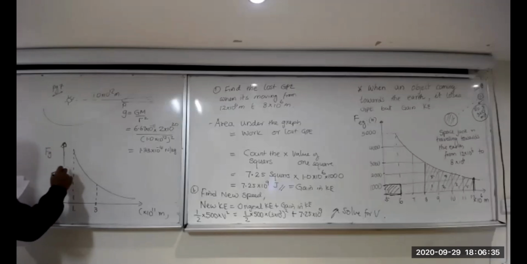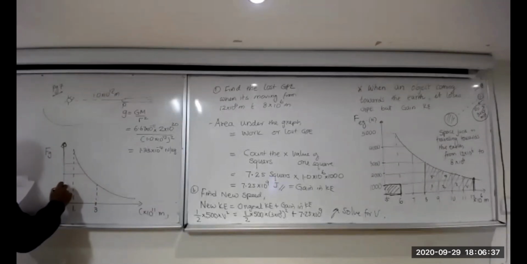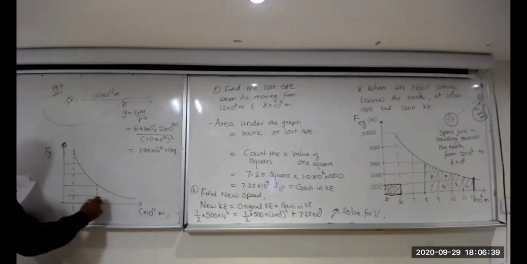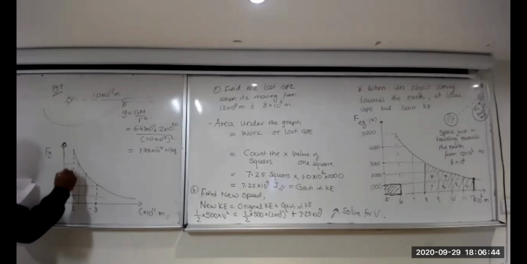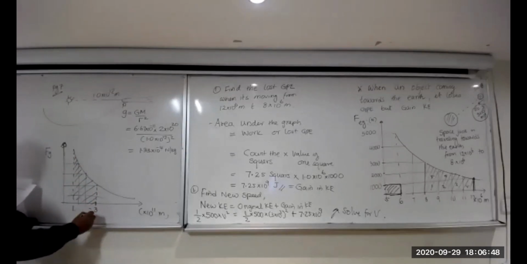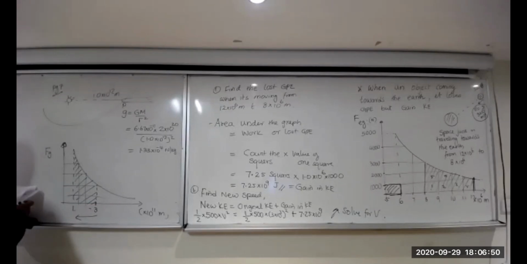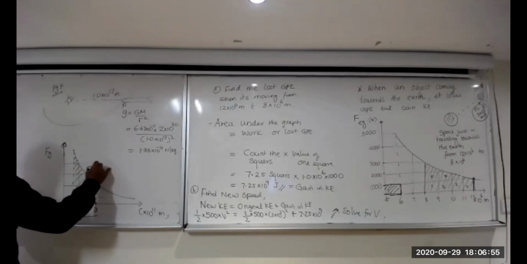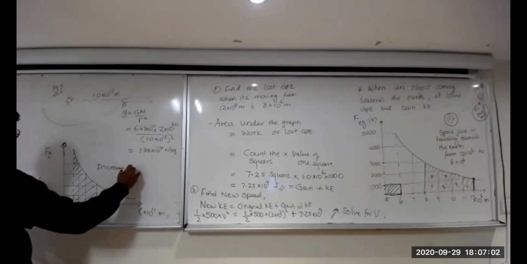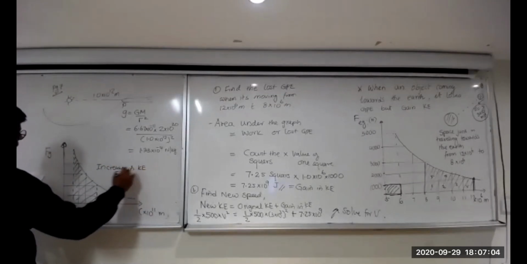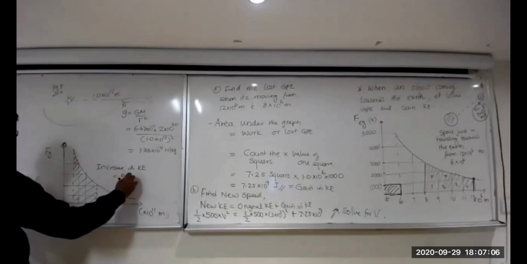Again, count the squares, guys. So we need this area. When you come from here to here, they ask you to find the increase in kinetic energy, or basically the change in kinetic energy. Area.